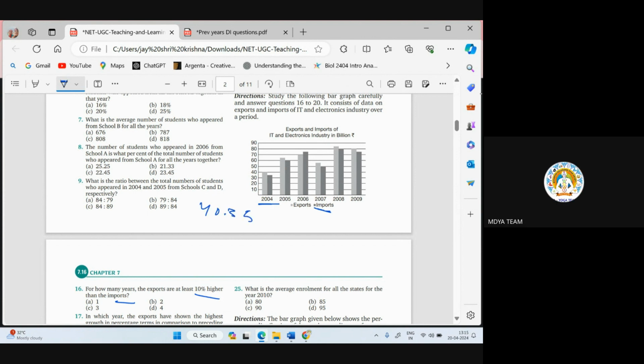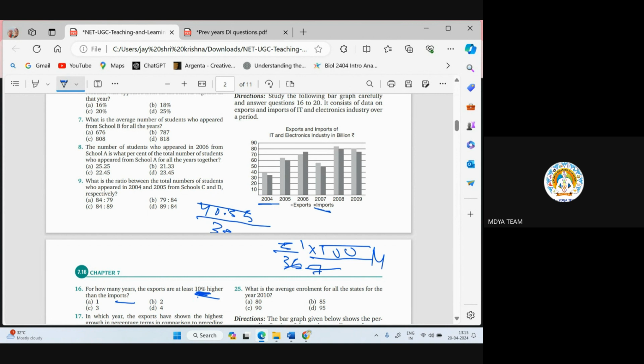So 40 minus 35, upon what is the source of comparison here? Imports, sir. Very good, 35. So it is 5 upon 35 multiplied by 100. So I got 14. So it is greater than 10 now. Yes, sir. So similarly, you have to calculate where exports are 10% higher.